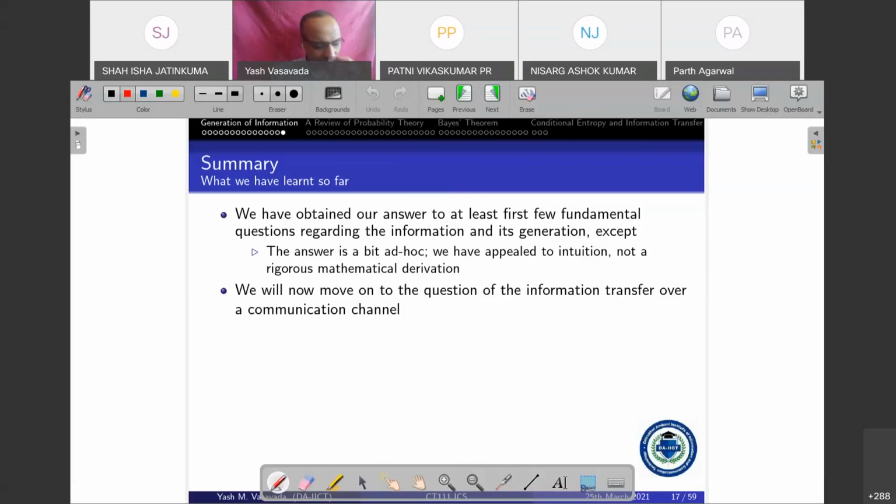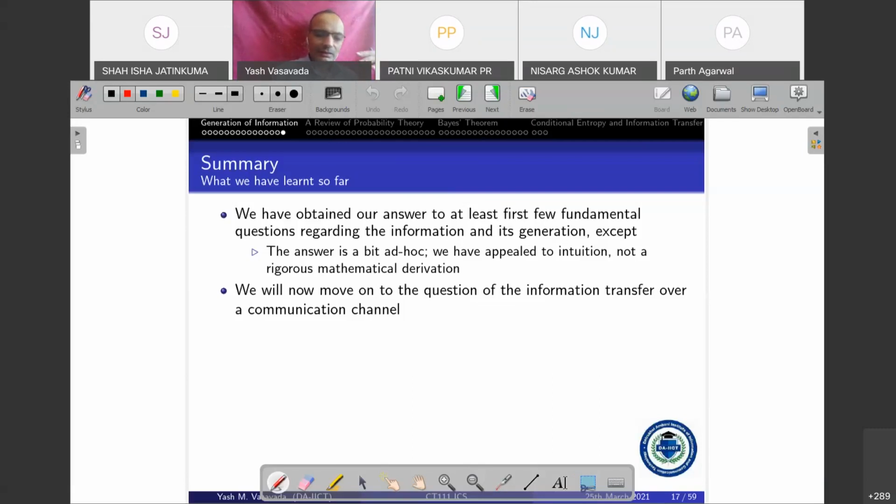But anyways, after answering this first question, remember the other question that we had asked was how would you transfer the information? And what can happen when you are transferring the information, especially when the channel is noisy and so on. So that is the question that we'll be studying next.